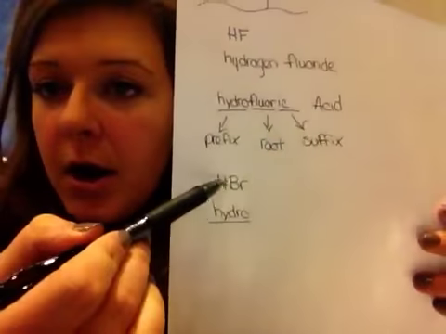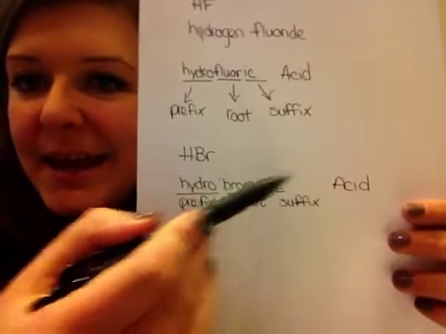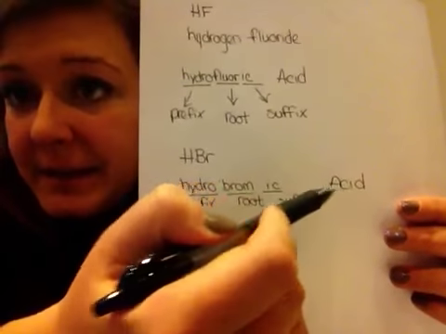I know Br is bromine, so a root for bromine could be brome. So hydro, brome. There's my root. Now I need to add the suffix, which for a binary acid is always -ic. So I'm going to call this hydrobromic acid. Okay?